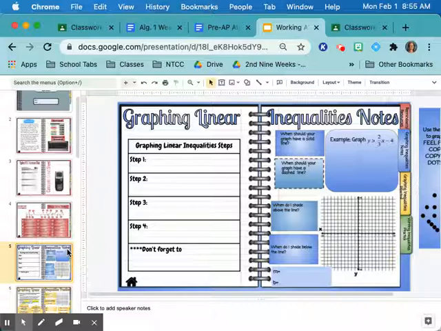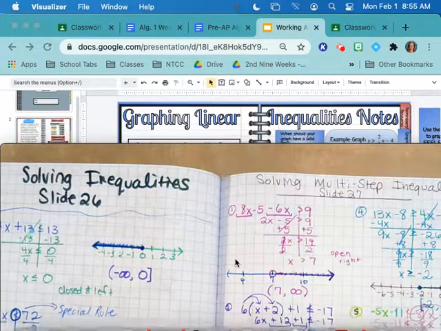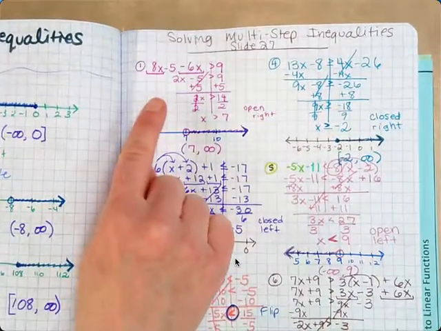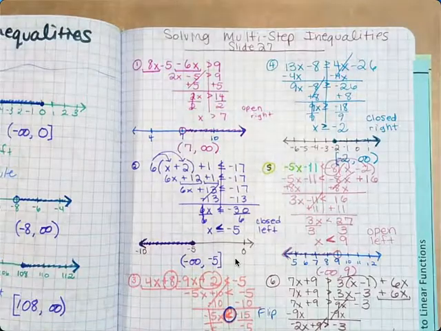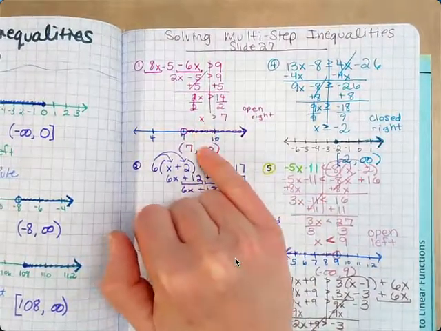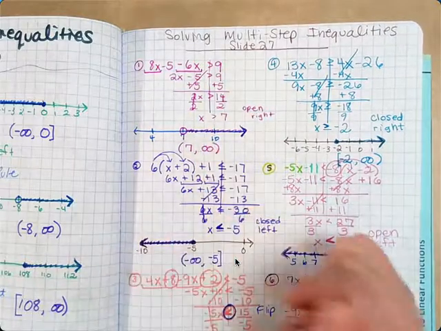Remember when we did one variable inequalities, we graphed on a number line and then we shaded left or right. Do y'all remember that? Let me see if I can find it. Oh, here it is. I'll show you in my journal. This was one variable inequalities, and whenever you do one variable inequalities, you have a set of numbers that your variable could equal.